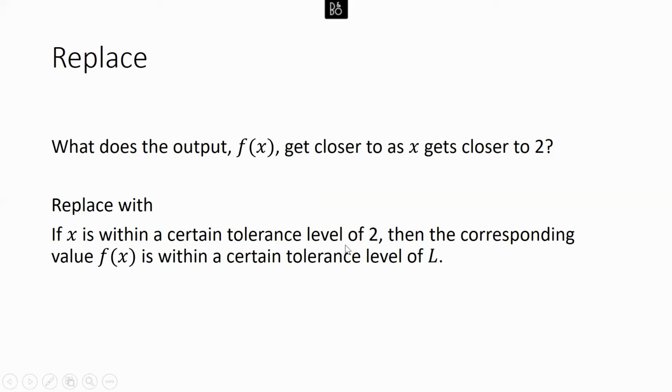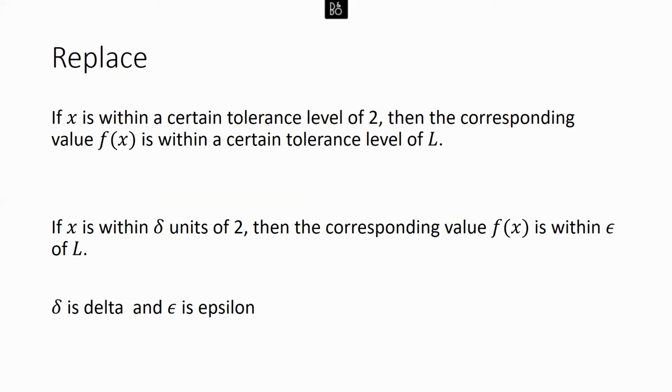The tolerance level of being close to 2 is not the same as the tolerance level of being close to L. And that's what we're really going to see in this chapter.